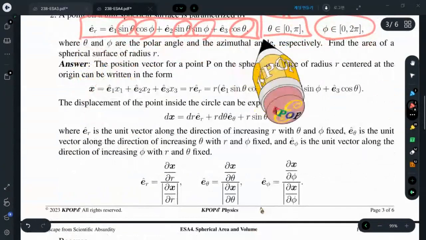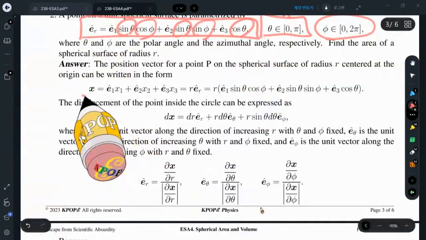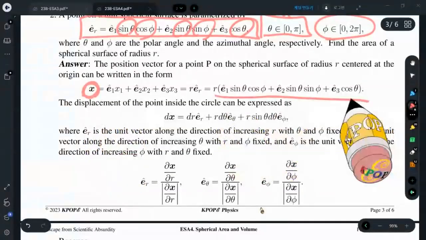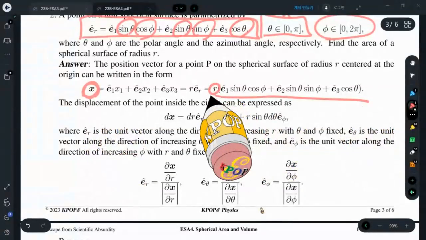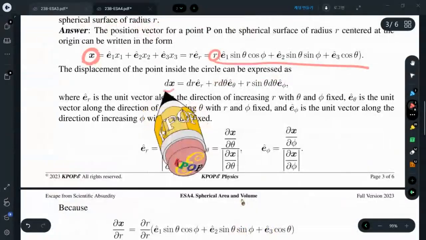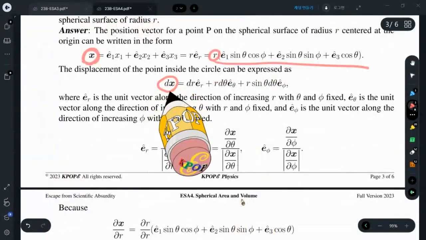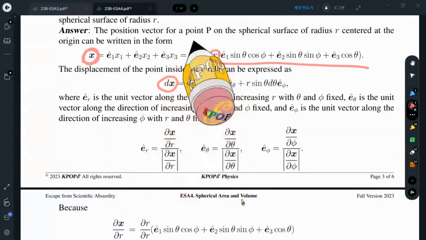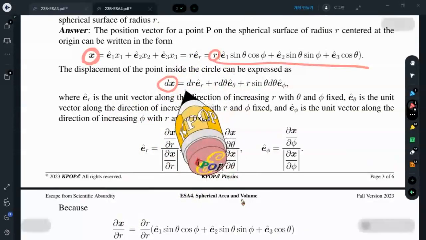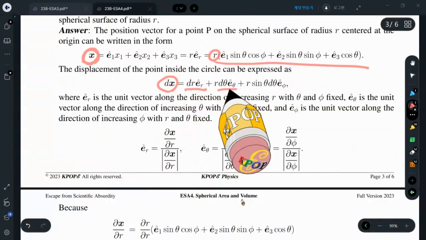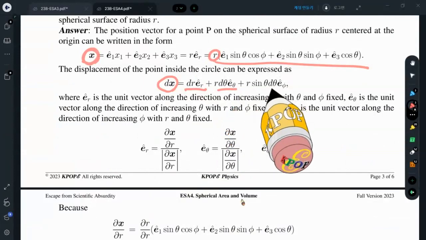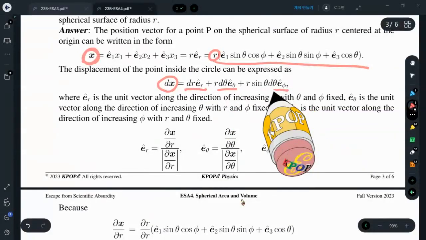Okay, using this unit radial vector, I can always express an arbitrary point on a sphere in this form with the radius r. The infinitesimal displacement vector on a sphere in three-dimensional space is composed of a radial part and unit vectors along the directions of increasing polar angle and azimuthal angle.